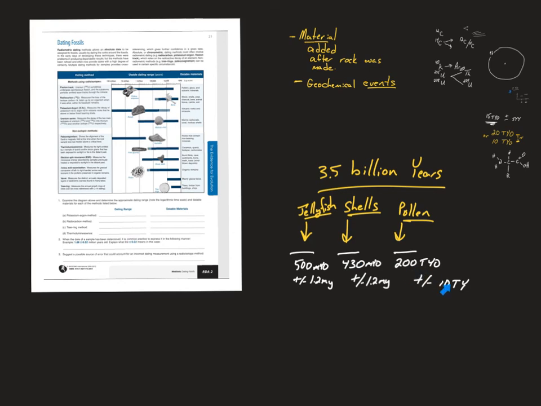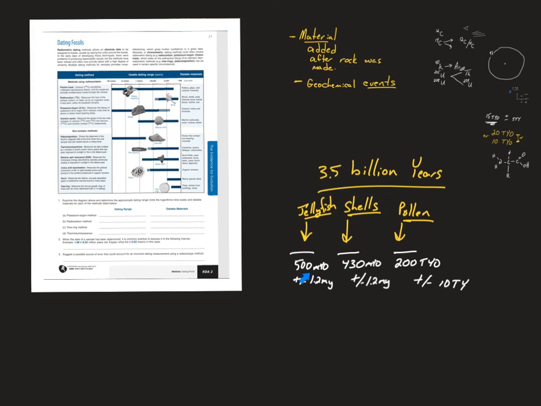That error is shown, because of how we're using it, to be not significant. The error is not significant because it doesn't impact what we're trying to do.